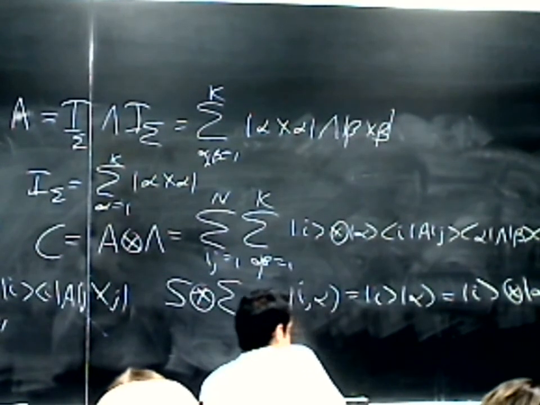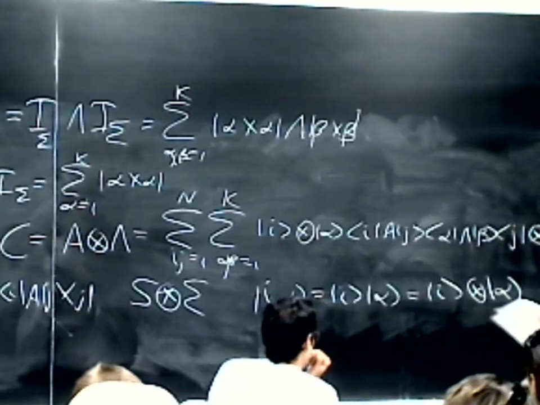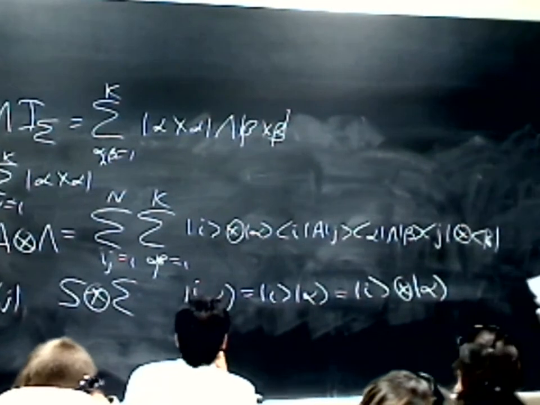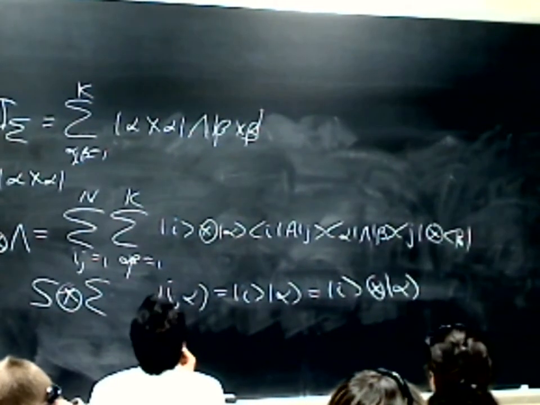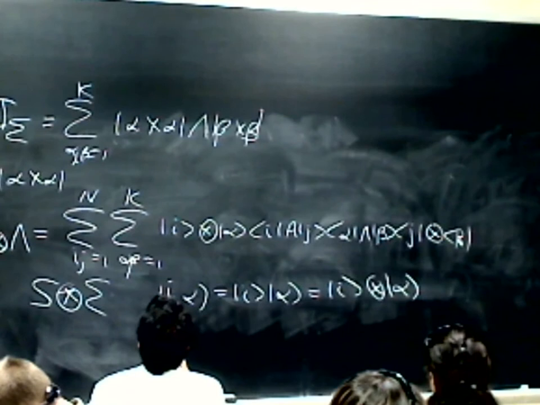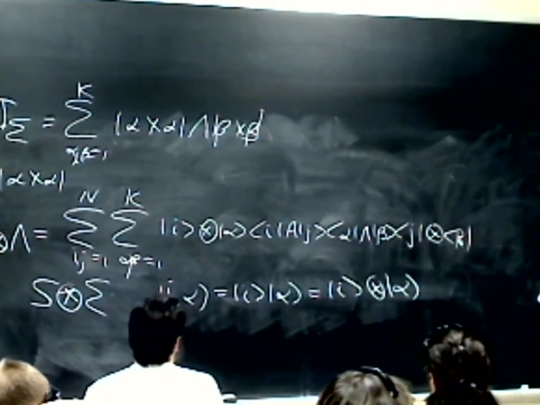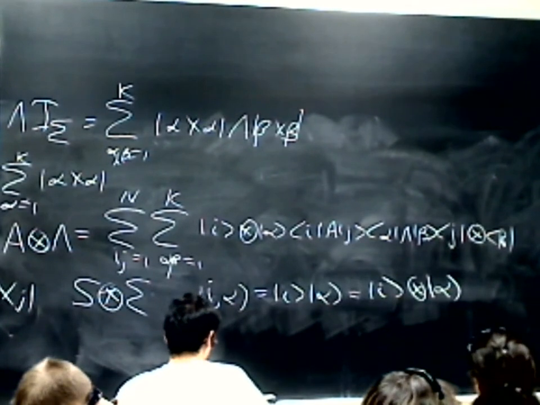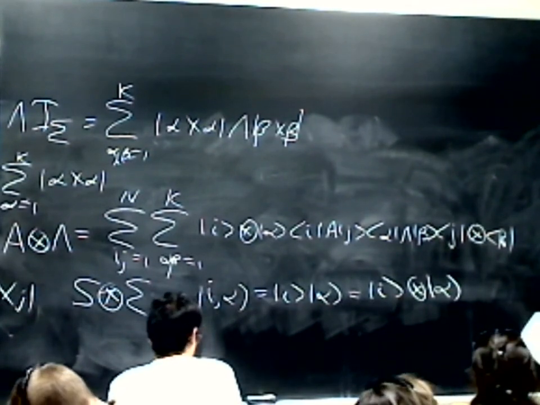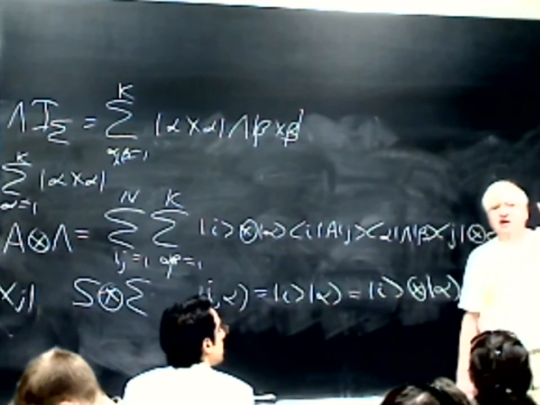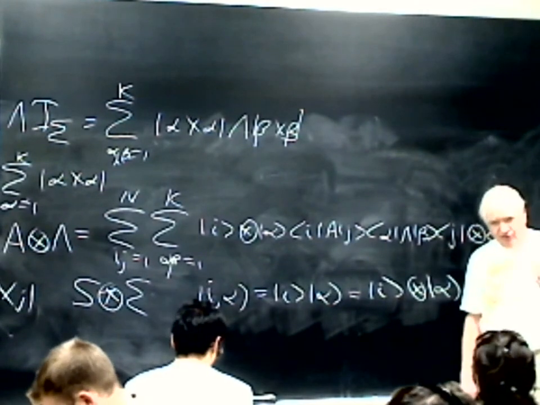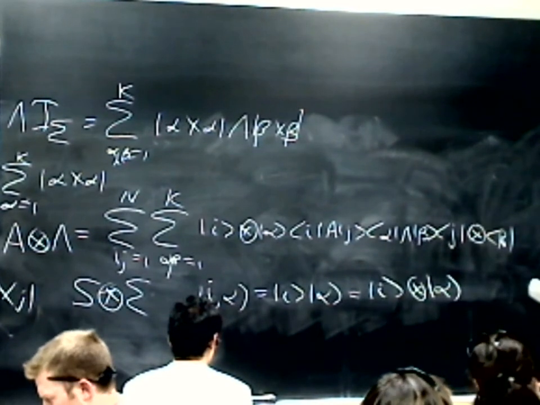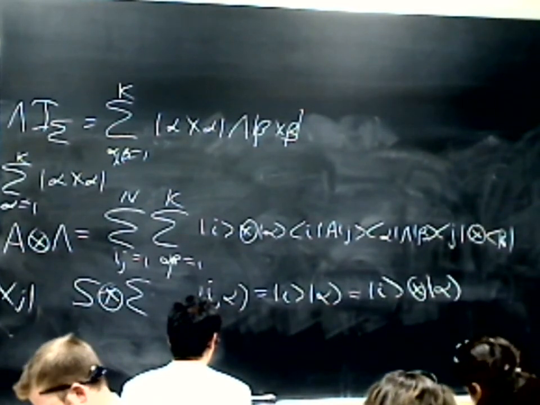Now, this space here is typically much bigger than the space S or the space Σ. If S has dimension 10 and Σ has dimension 10, then this direct product space has dimension 10 times 10, which is 100. So it gets big.